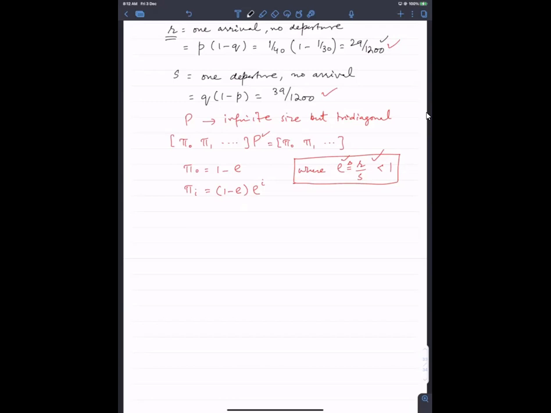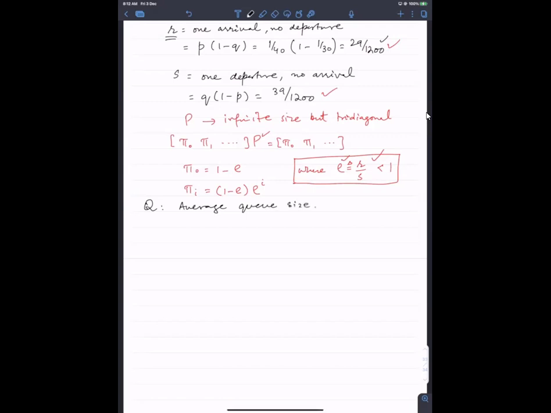So a very practical question is to find out how many people are in the queue on average. So the relevant question is to find the average queue size.